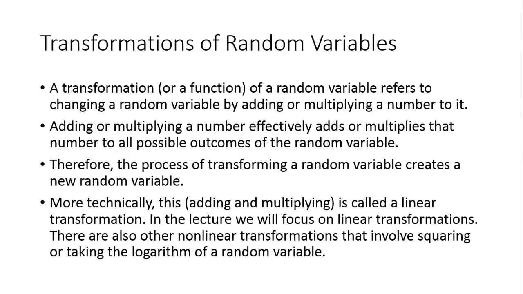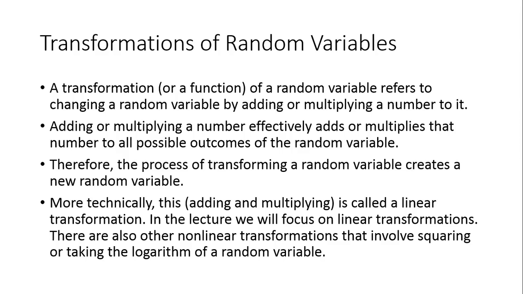Therefore, the process of transforming a random variable creates a new random variable. Let's keep that in mind. More technically, this adding and multiplying is called a linear transformation, and this is what we'll stick with for now, to keep it simple.